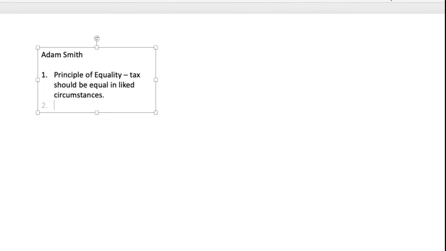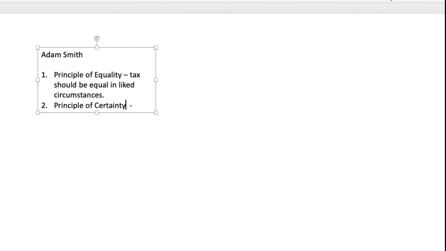So next, the second principle is the principle of certainty. So what exactly is the principle of certainty? The tax which each individual is to pay ought to be certain and not abrupt.